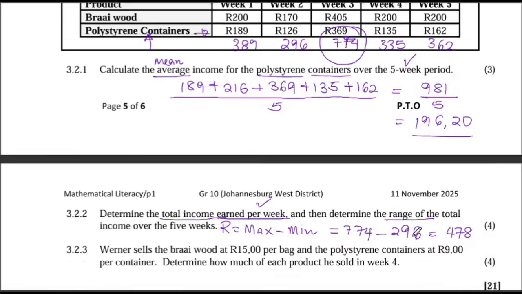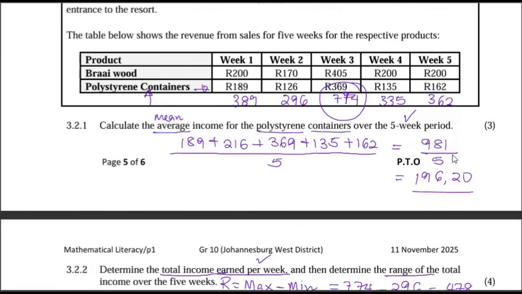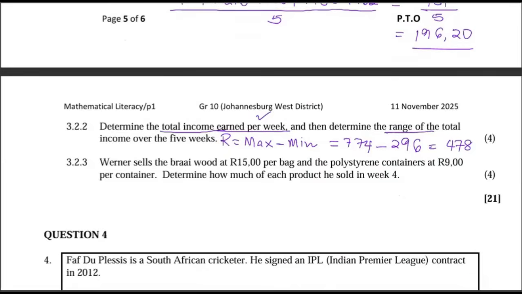Okay. When it says wood is 15 rand per bag and the containers are 9 rand per container, determine how much of each product is sold in week 4. Let's go there. Week 4. We are only concentrating on this. For wood, he got 200. So how many bags is this?